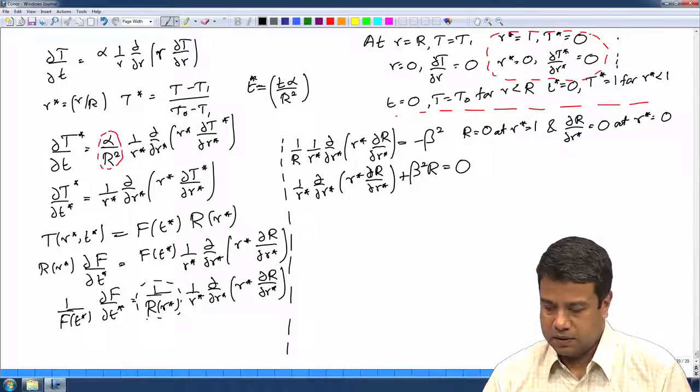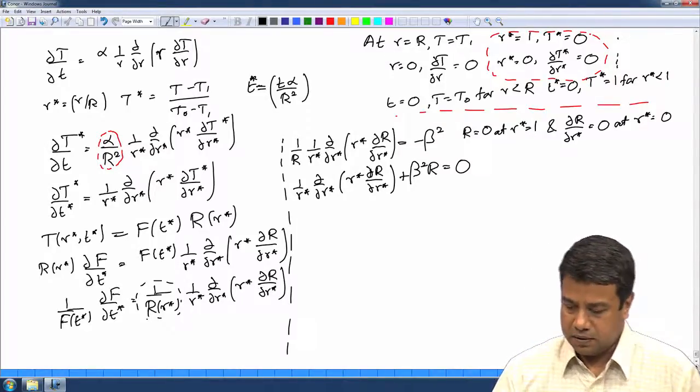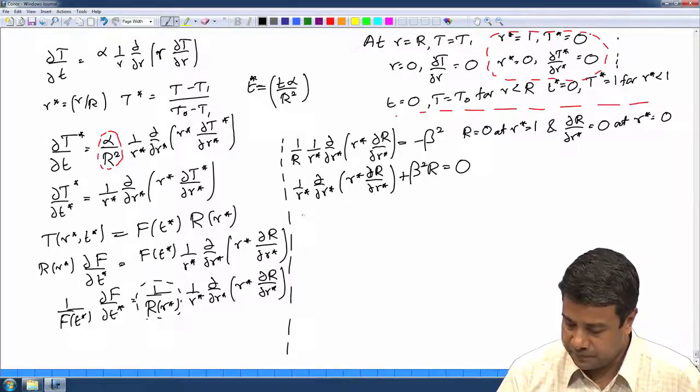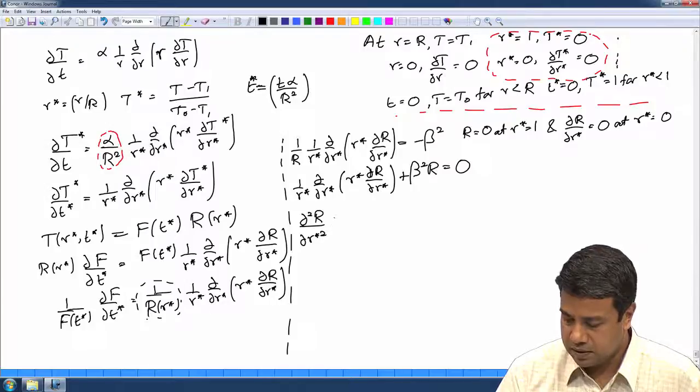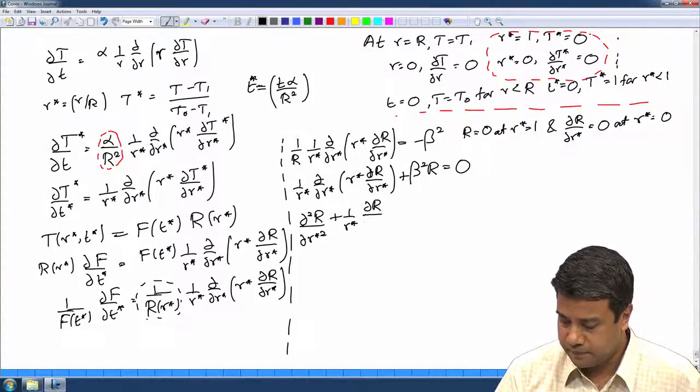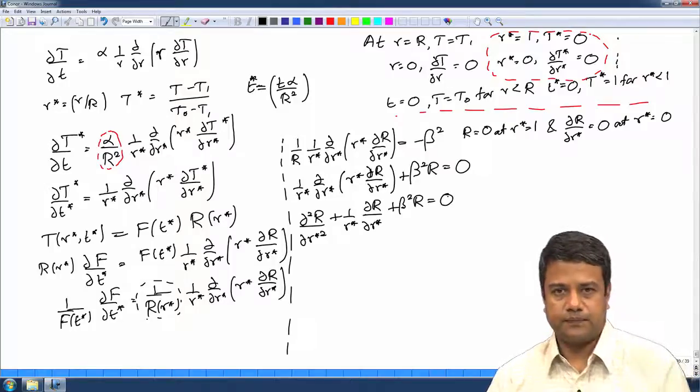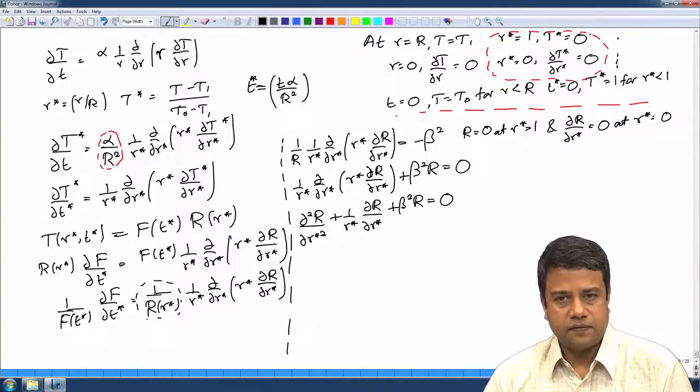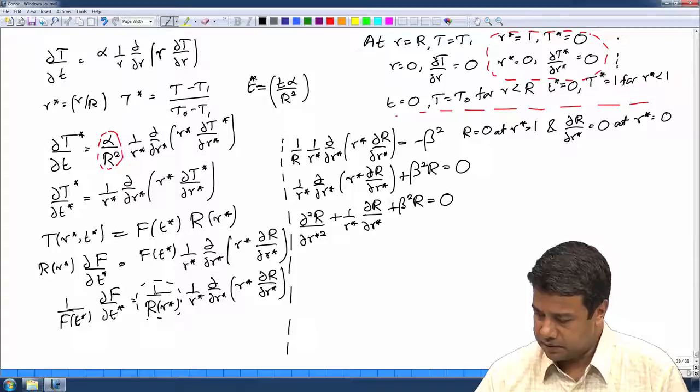Expand out the derivative, you will get d square R by d r star square plus 1 over r star. So, that is the differential equation that has to be solved.